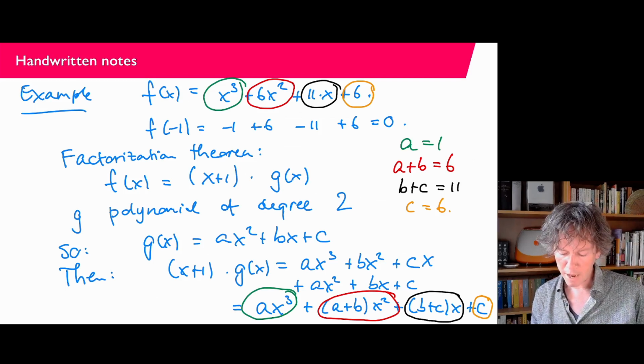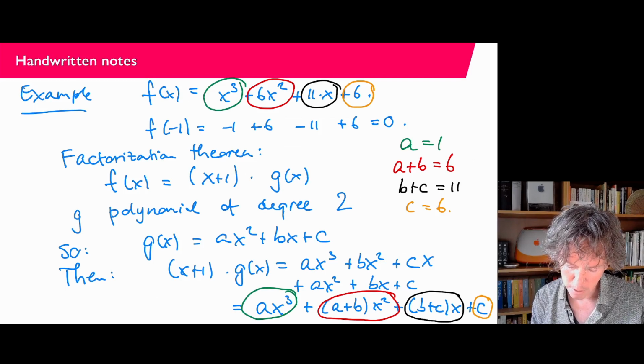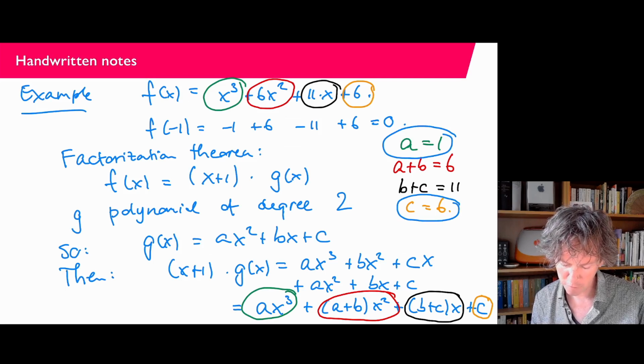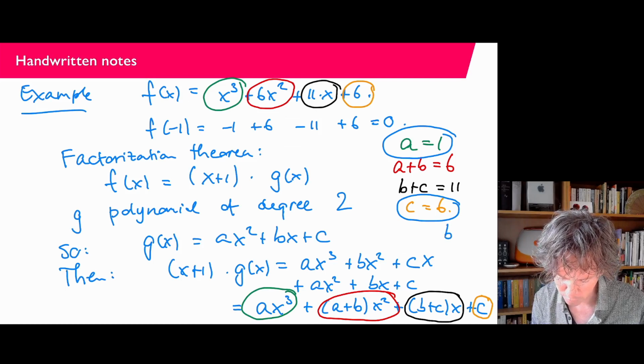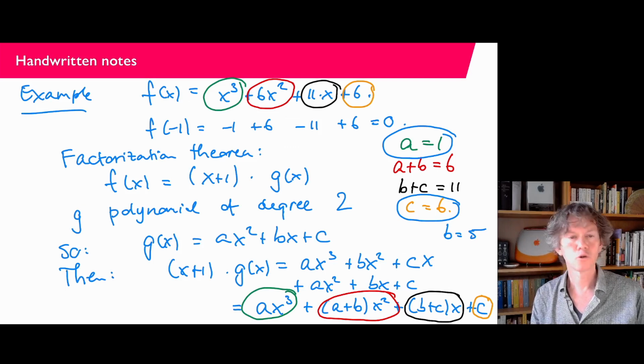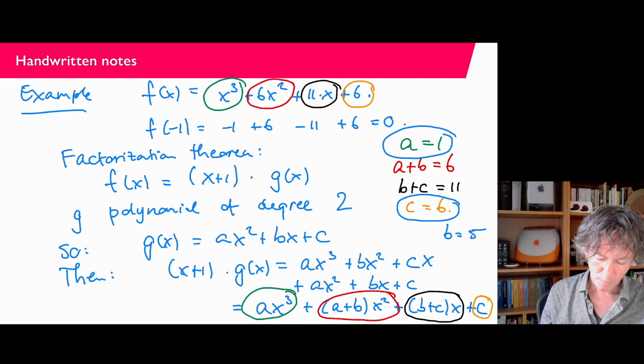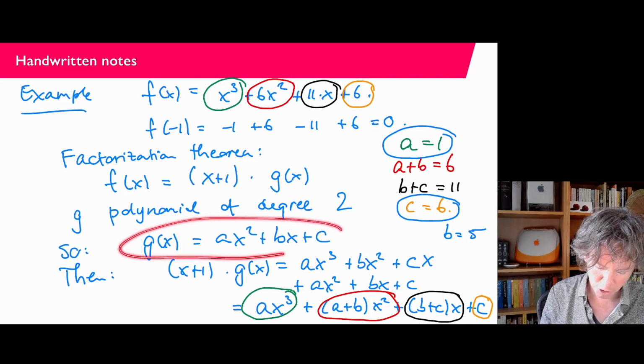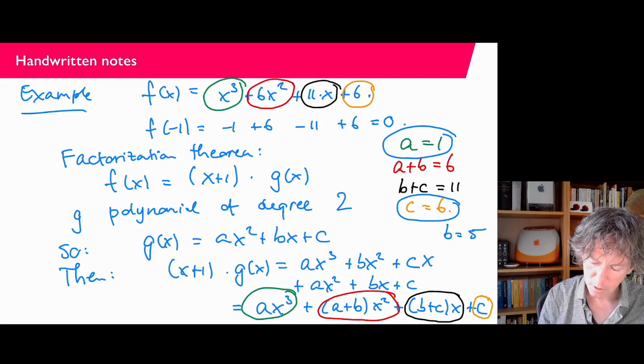So what we have is that apparently a equals 1, c equals 6, and b I can find from either of these expressions. They're going to give the same, so I find that b should equal 5. So that means that we now have found the coefficients of g of x. And let me do that on a new slide.